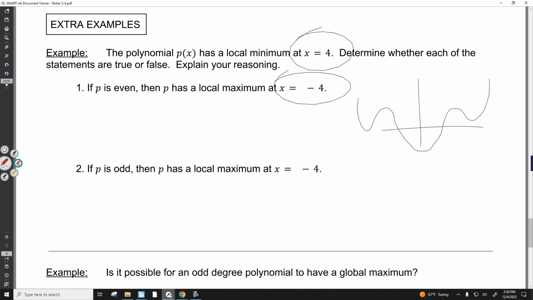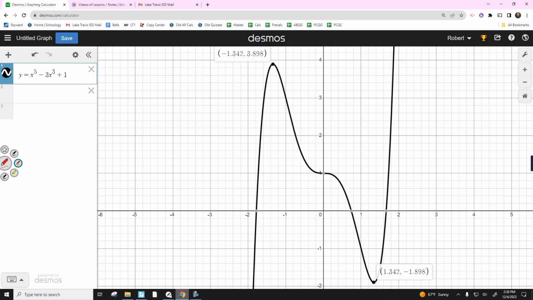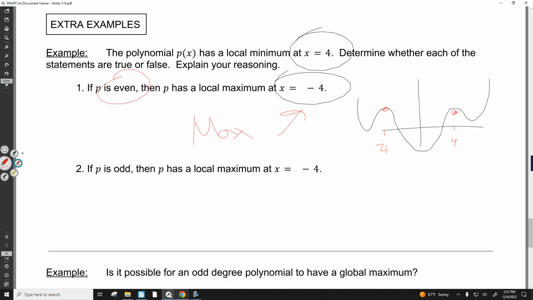If it's an even function and there's a max at -4, since things must be symmetrical, we have to have a max at 4. If you have a max at -4 and it's an odd function, what do you have to say at 4? It's a min because of the different symmetry. Keep that in mind.